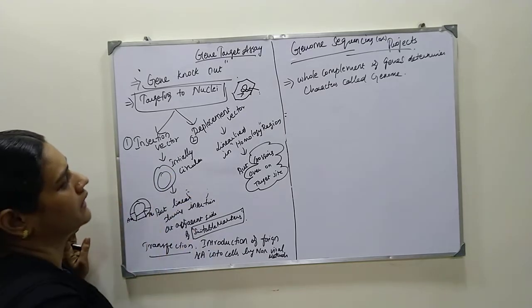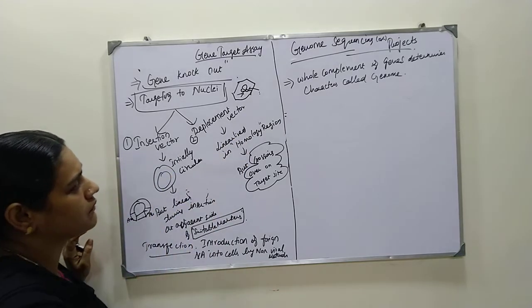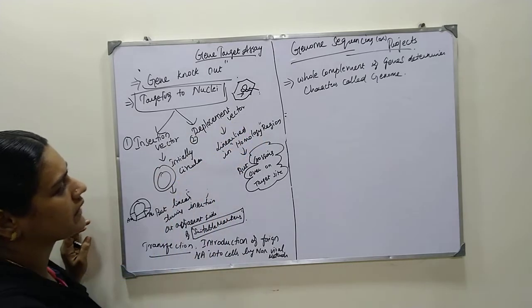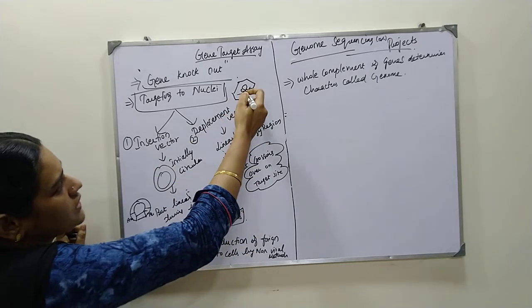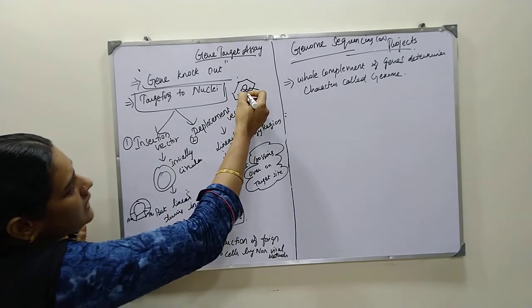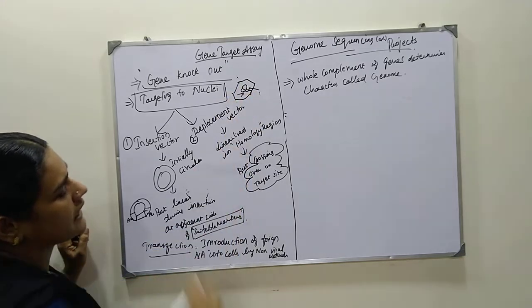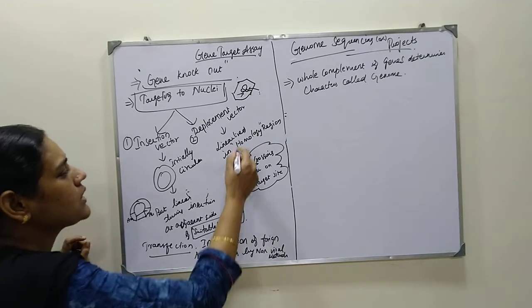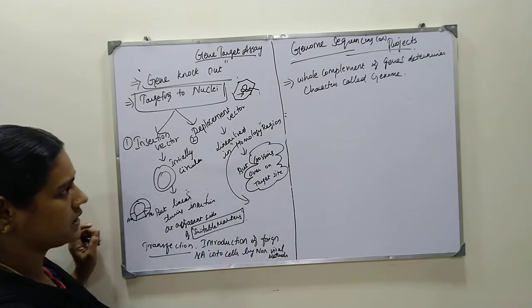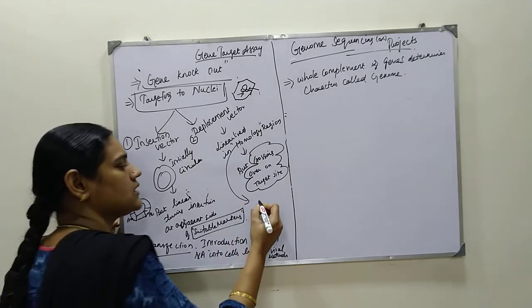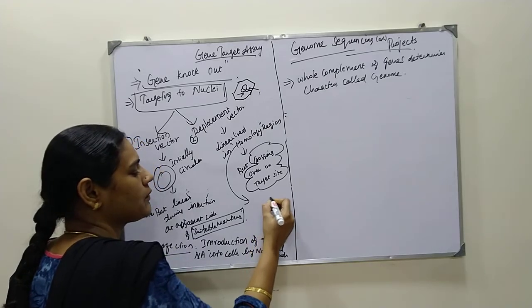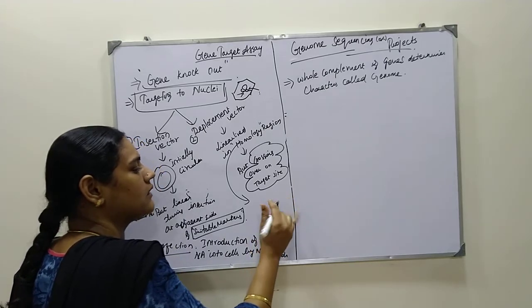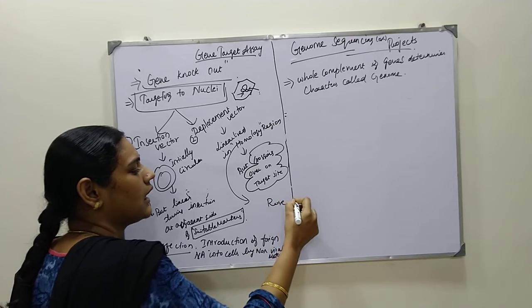This is one method, and another method is the replacement vector. What is called replacement vector? Here the vector which is entered into the plant cell gets linearized immediately after entering into the cell. It is linearized in the homology region. What is called homology region? Suppose I am taking the rose plant and hibiscus plant.